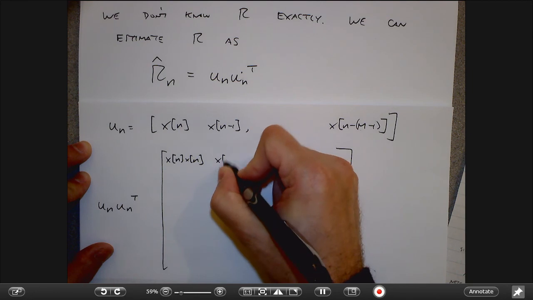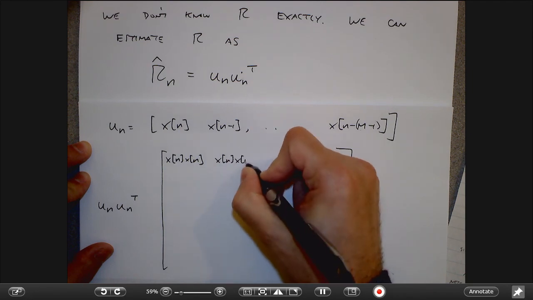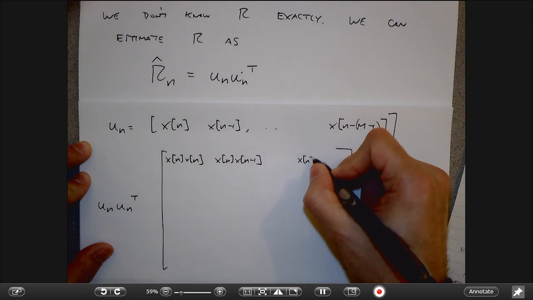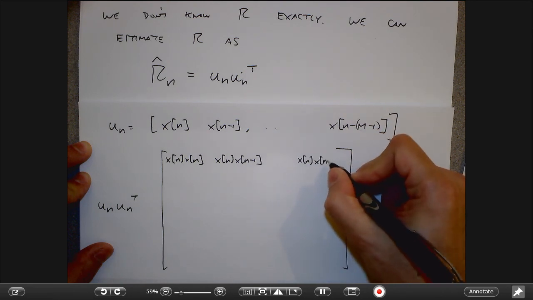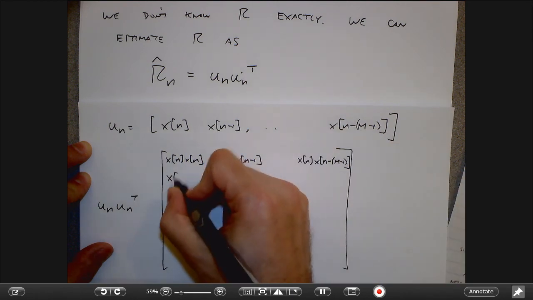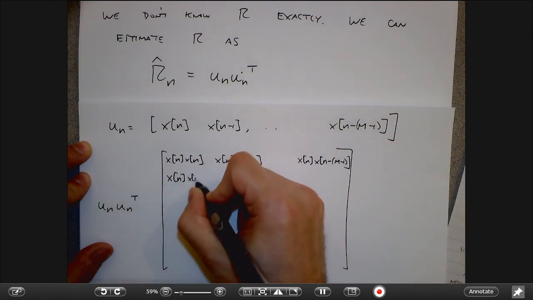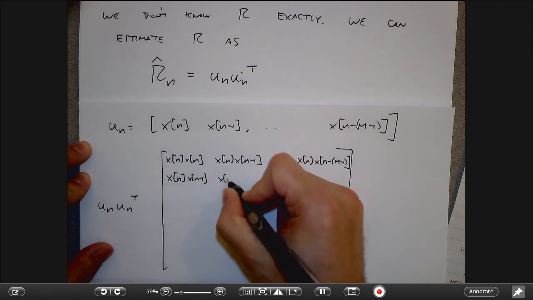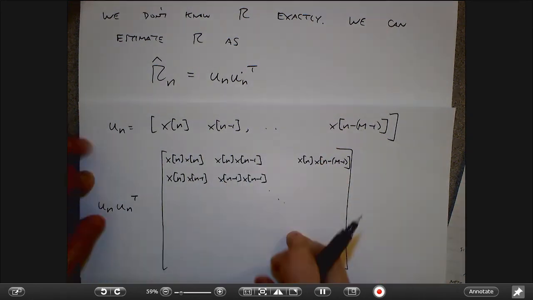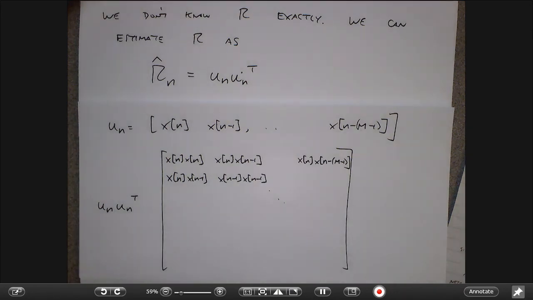Over here I'm going to get x of n times x of n minus 1. Over here I'm going to get x of n times x of n minus m minus 1. Here I'm going to get x of n times x of n minus 1. Here I'm going to get x of n minus 1 times x of n minus 1, and so on, right? So this is a matrix that is made up entirely of data samples.